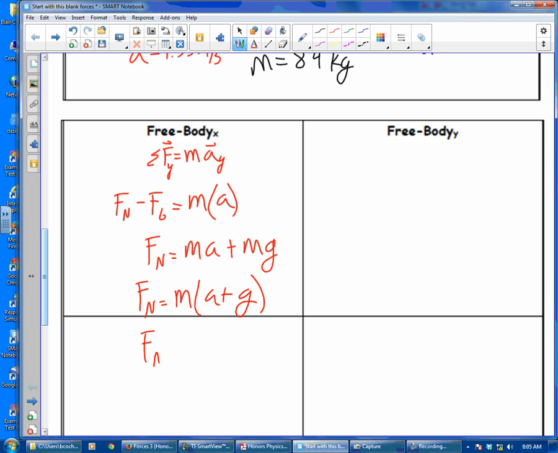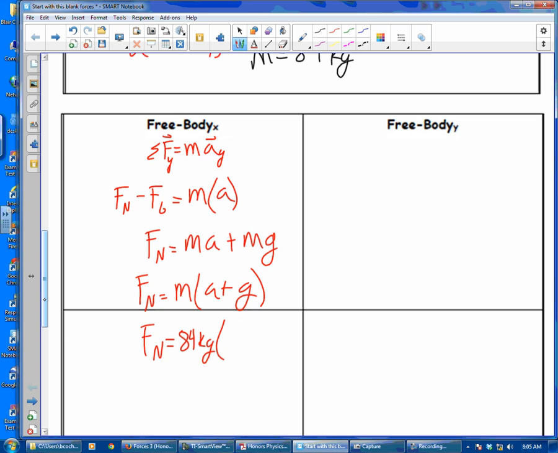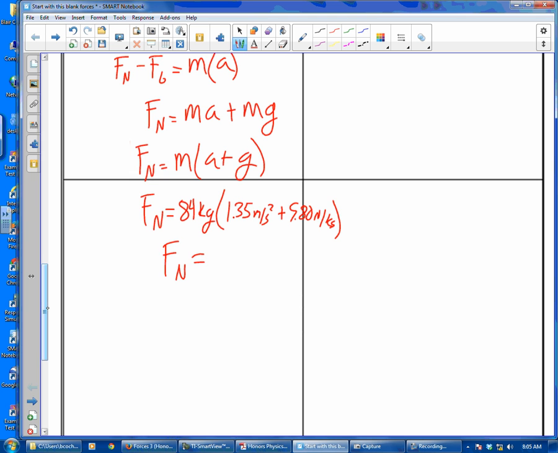So force normal for me is 84 kilograms times 1.35 meters per second squared plus 9.80 newtons per kilogram, which is the same units. Sorry, I swapped those. Let me do a better job there. And I would just do that math and get my normal force.